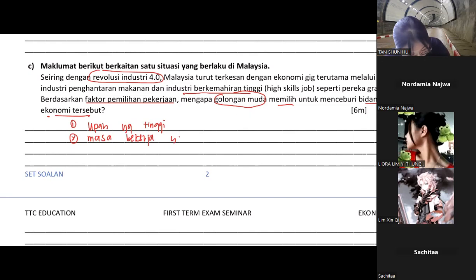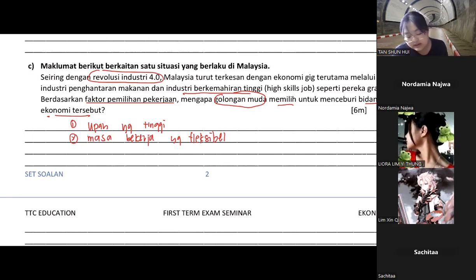Very flexible. Why? You want to work, then work, or you don't want to work, then don't work. And some more, like penghantar makanan, do you need more skill? No, no need.